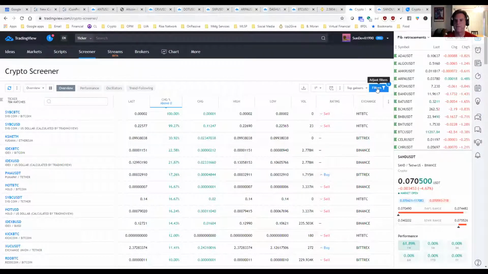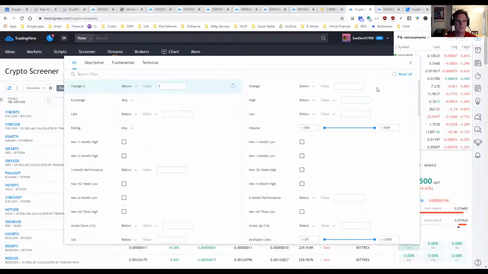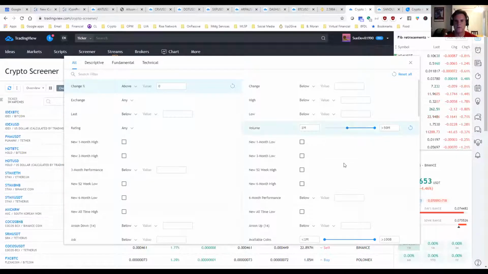And it looks like I've got one filter applied already. Let's see what it is. Looks like it's a volume filter. It looks like by default it goes from 50,000 to 50 million. Let's make that 1 million to 50 million.